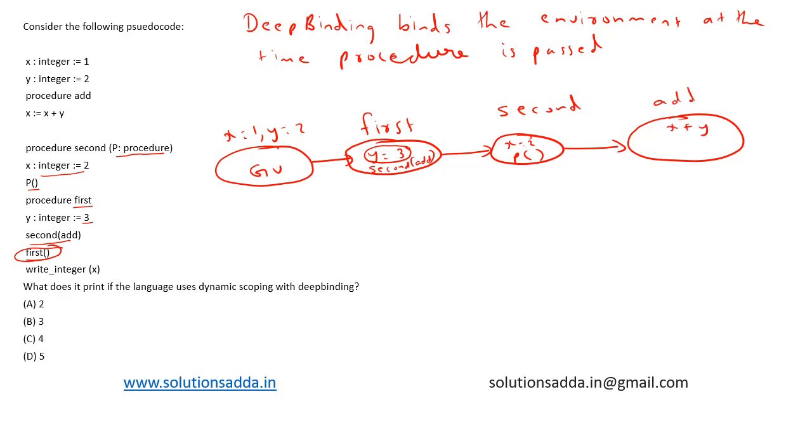Now, due to the deep binding process, y is assigned the value 3 and we are taking the value of x from the global variable. So here 1 plus 3 gets added up and assigned to x. So x is becoming 4. So based on the options, option C, 4, is the right choice.